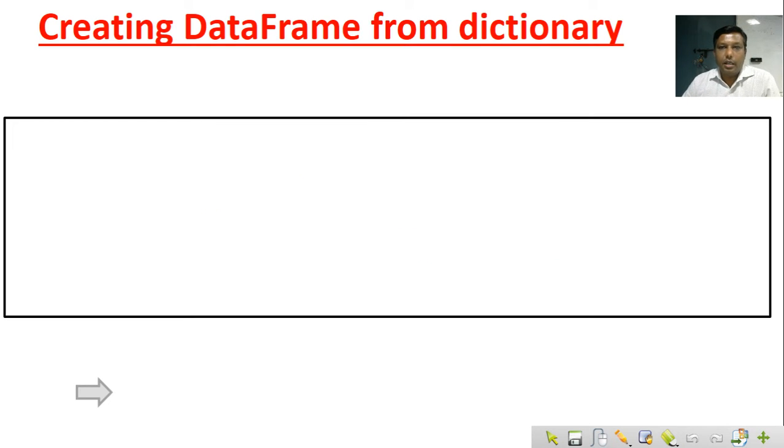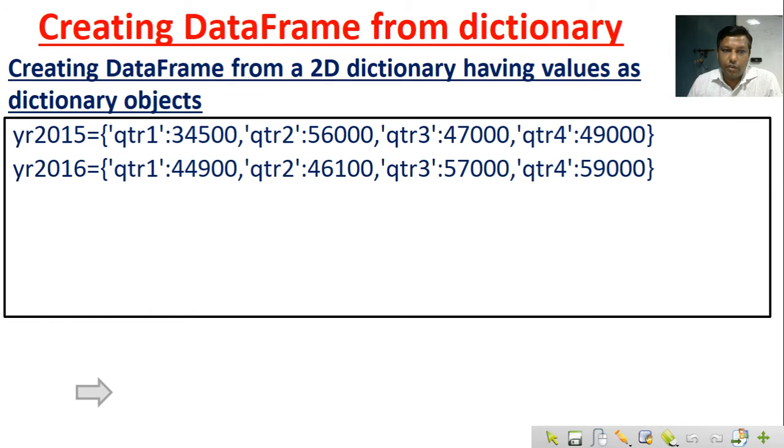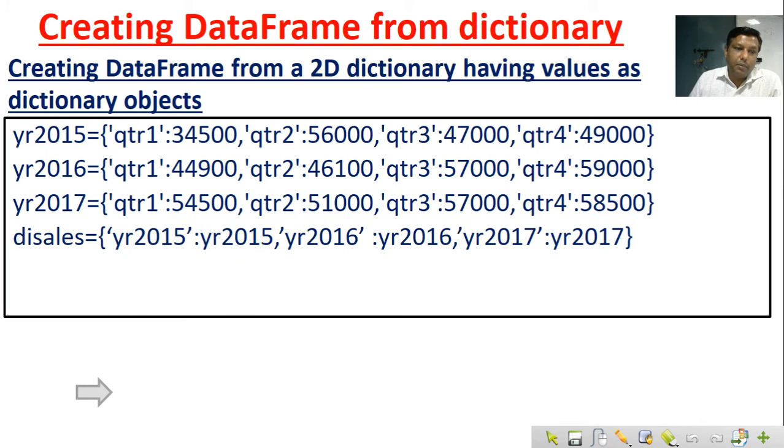So, creating data from dictionaries. First we create three dictionaries: year 2015, year 2016, year 2017. Quarter 1, quarter 2, quarter 3, quarter 4 are the keys here, with some values. And we make one more dictionary with the help of these three dictionaries, where year 2015 is a key.